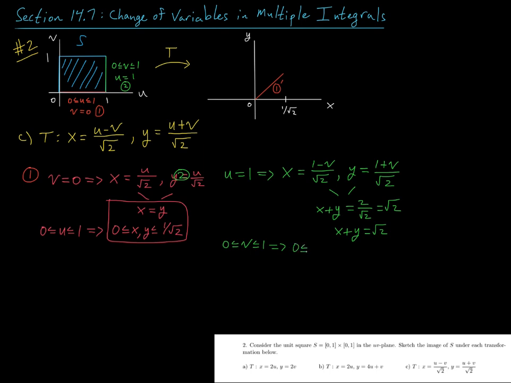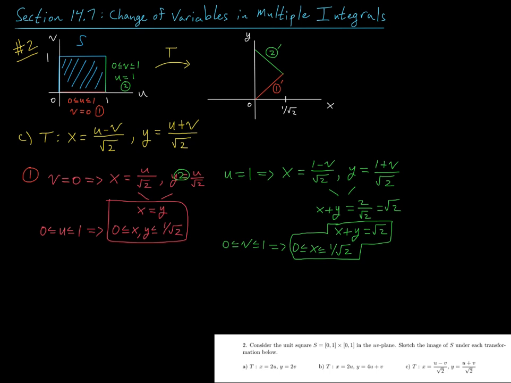So x is varying from 0 to 1 over root 2. So we're describing now the portion of this line, x plus y is the square root of 2, as we let x vary from 0 to 1 over the square root of 2. Okay, so that's going to describe this line segment there.